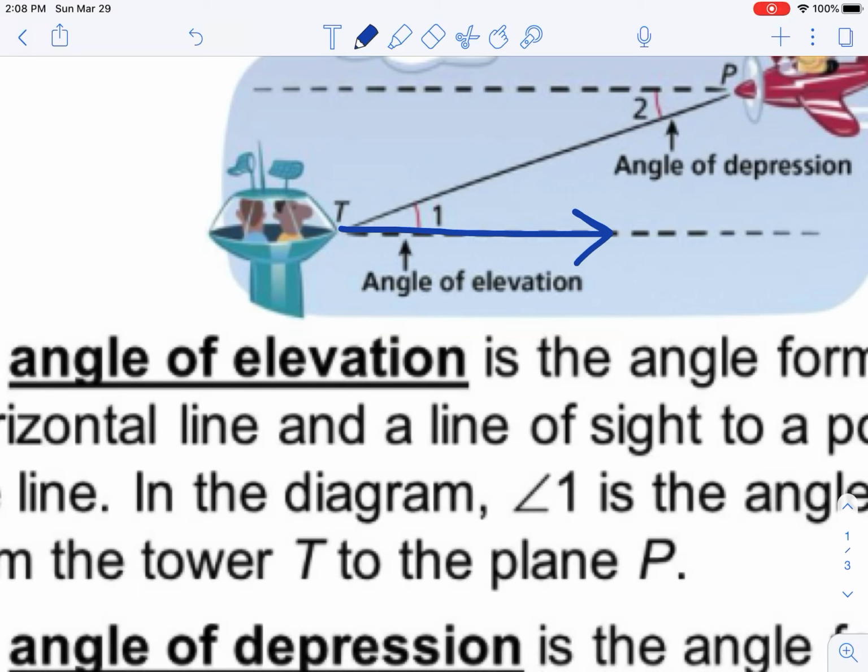The amount you look up, the angle that you're looking up, that is your angle of elevation, how much you are elevating your eyes. Whereas the angle of depression, you're still looking straight out, but the degrees that you're looking down, right? The amount that you're looking down is your angle of depression.